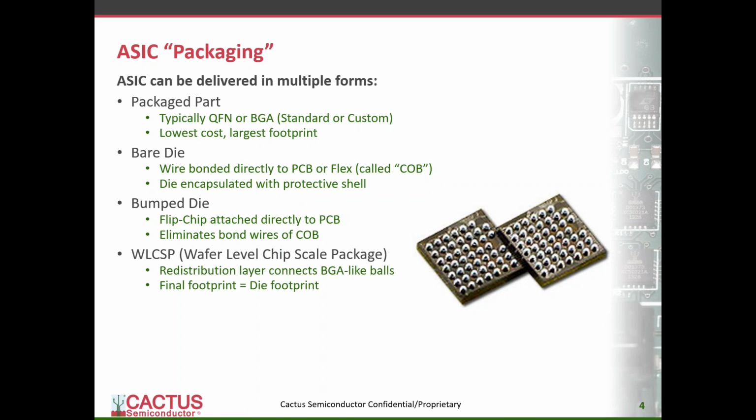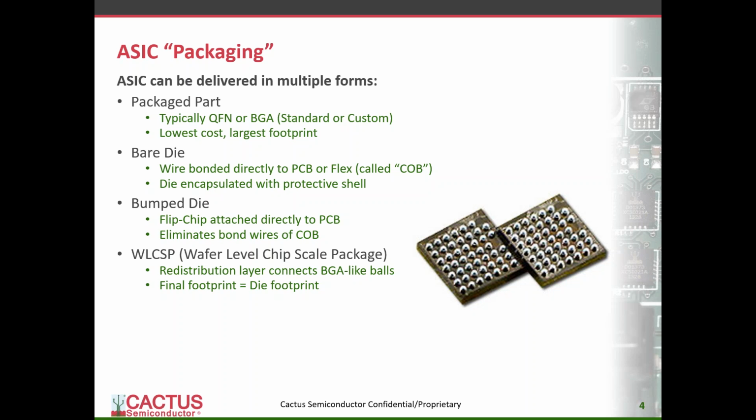Slightly more advanced is something called wafer level chip scale packaging, or WLCSP. This requires a distribution layer, and basically what it does is it takes the pads or the bonds around the periphery and lays it out in a grid fashion, much like a BGA. You can see in this picture an X and Y grid of little balls or bumps.